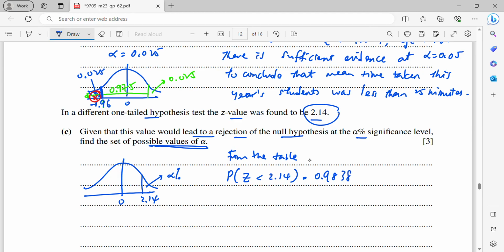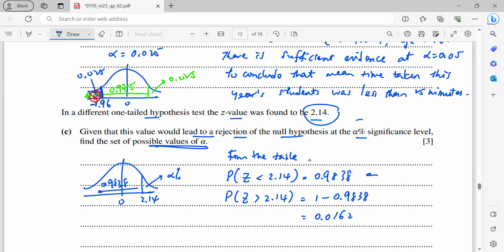Obviously when it is more than 2.14, it is 1 minus this probability. So P(z > 2.14) is going to be 1 minus 0.9838, so it's going to be 0.0162.